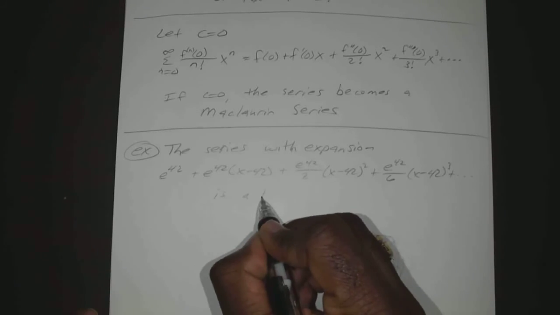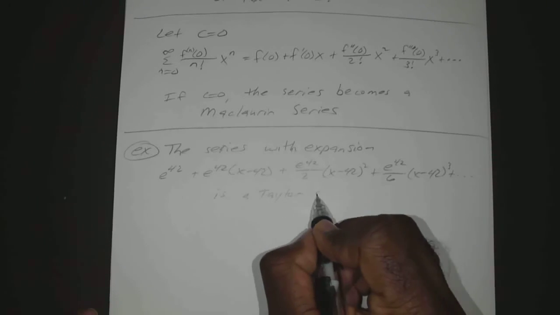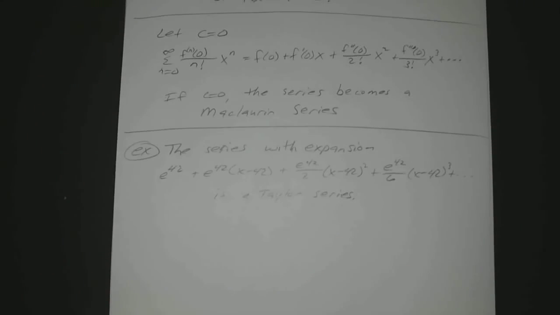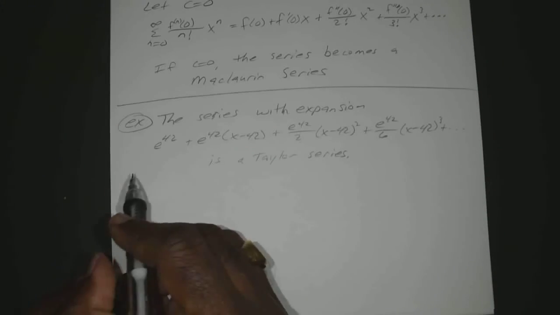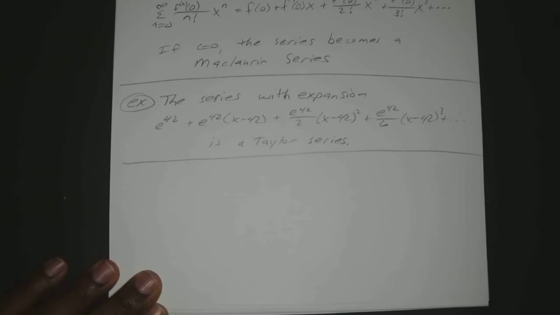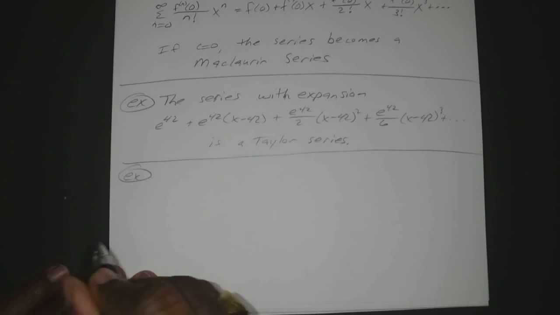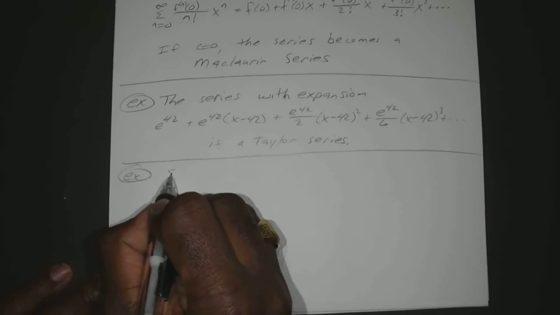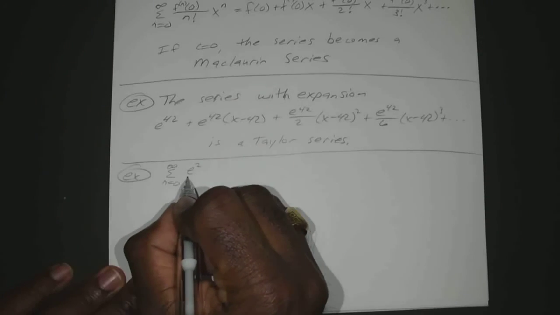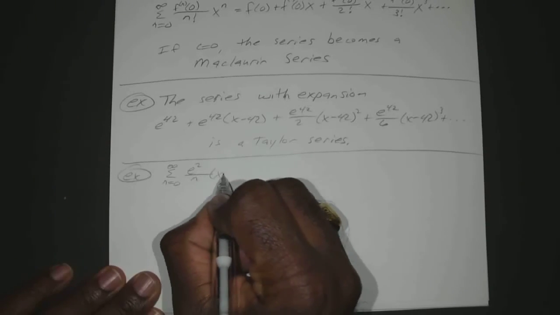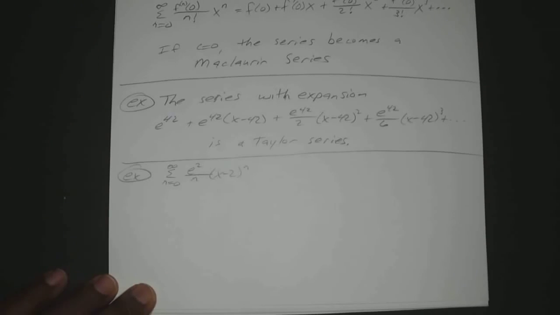This is a Taylor series because it's in the right form. But if you have one like this, say the sum from n equals 0 to infinity of e squared over n times x minus 2 to the nth power, that one's not a Taylor series, and the only reason is because it's over n and not n factorial.